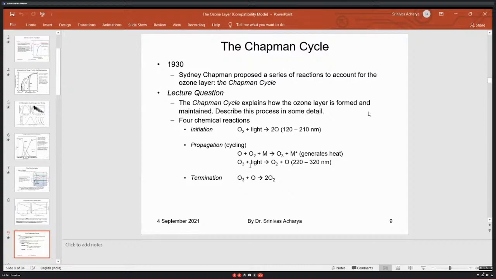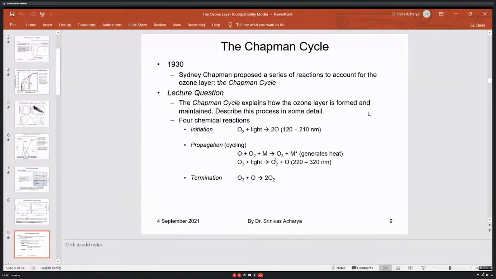So this ozone plus UV light may then break into molecular oxygen and atomic oxygen, and for this breaking you need 220 nanometer to 320 nanometer spectral region of photon. That means for formation of ozone we need lesser wavelength or higher energy than the breakdown.